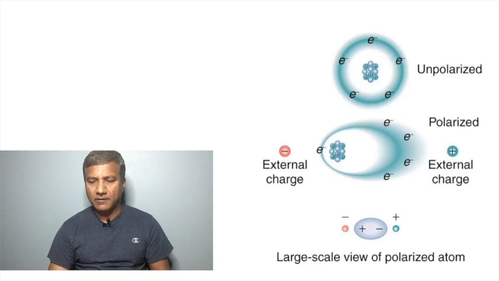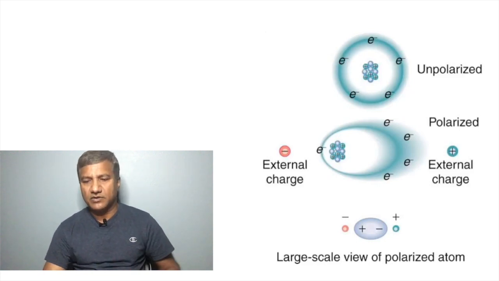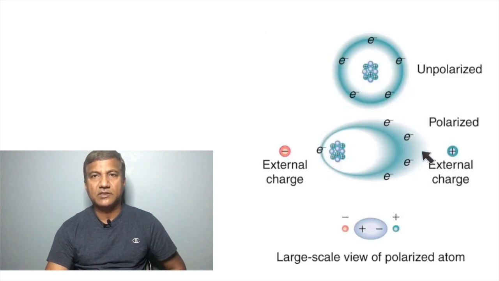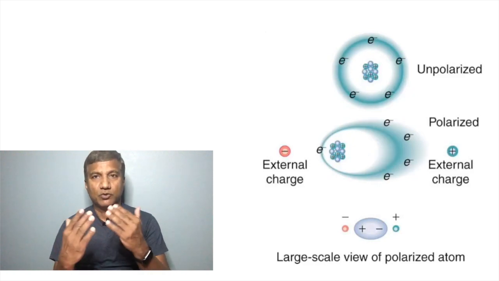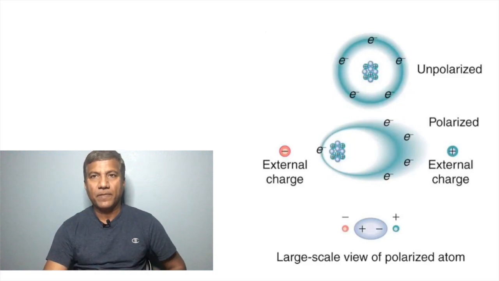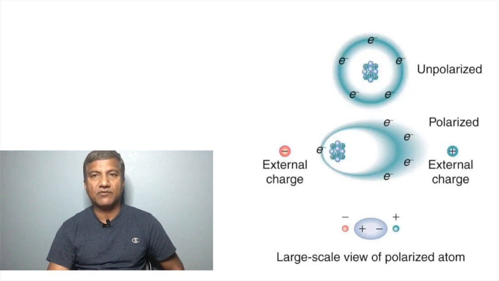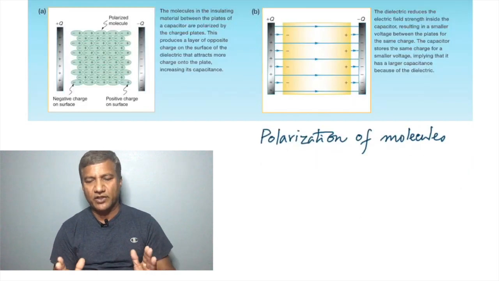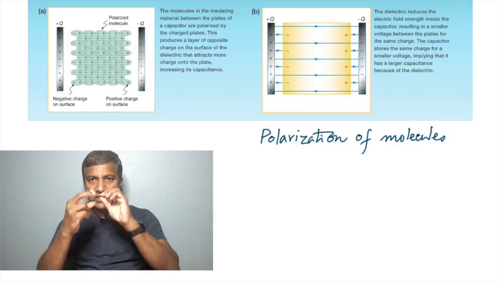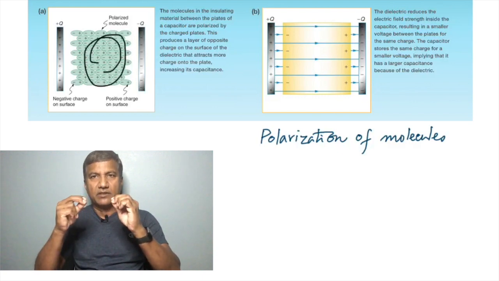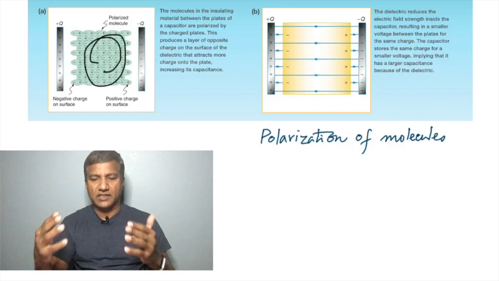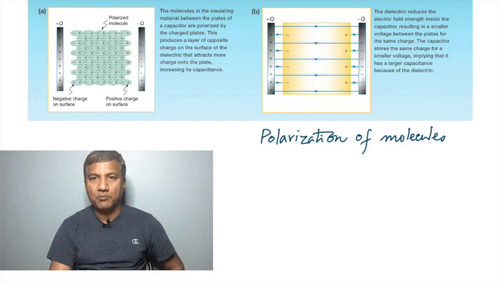It means that the center of the negative charges and the center of the positive charges usually are right at the same point. But because of this electric field, we can see that their centers are slightly shifted. See that the center of the negative charges moves to the right side and the center of the positive charge moves to the left side because of the nature of the electric field. So because their centers, instead of being at one place, are now separated, we call it polarization.